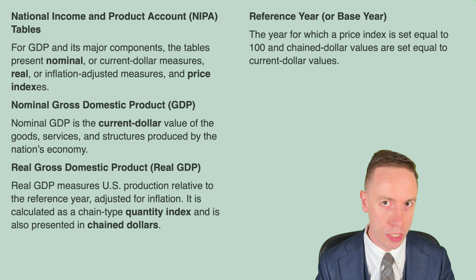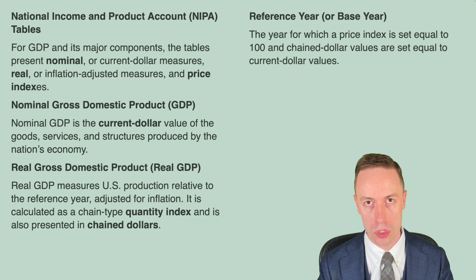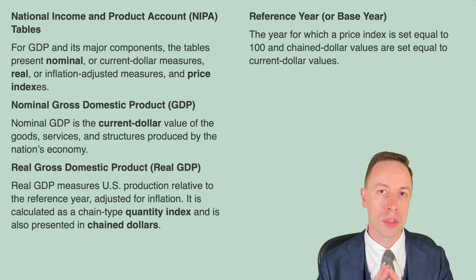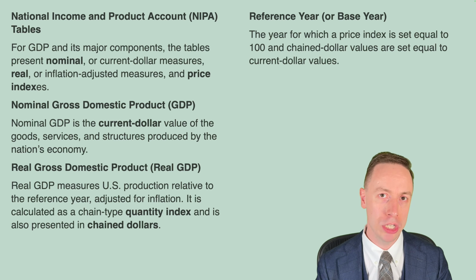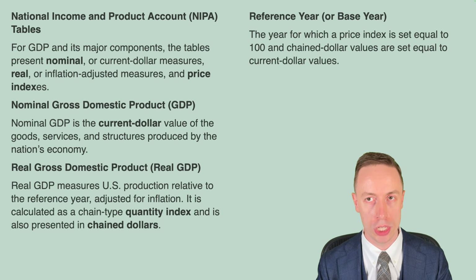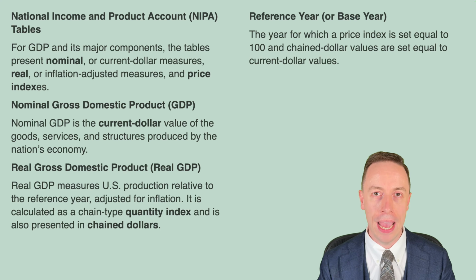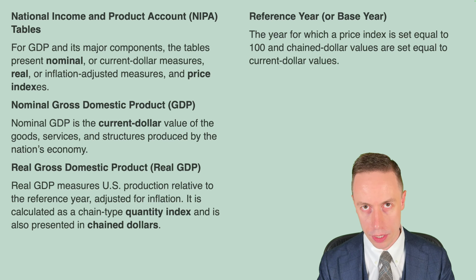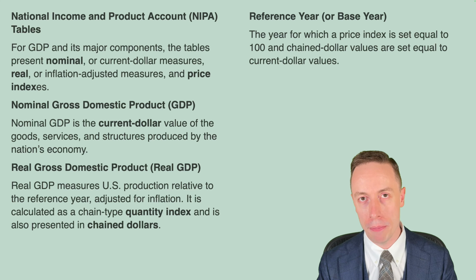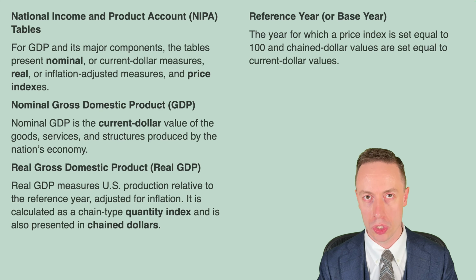But more commonly, we use a technique called chained dollars, which means we're using the production of our reference year. We are looking at how much the production increased or potentially decreased, and then we are adjusting the dollar value of the reference year by the same increase or decrease.